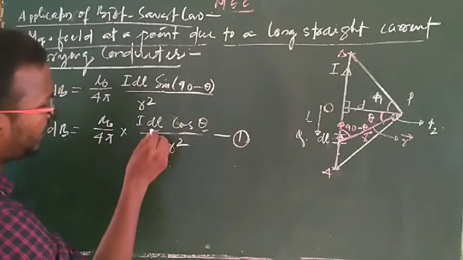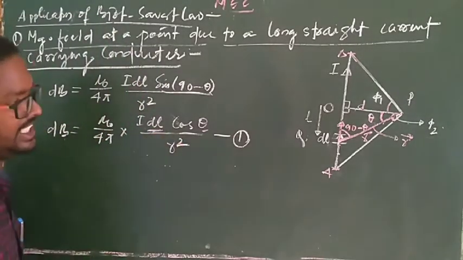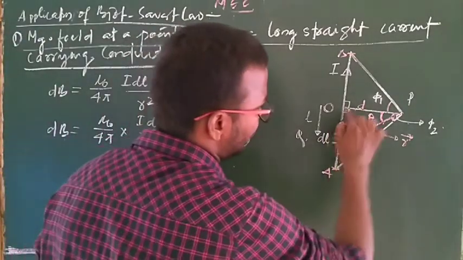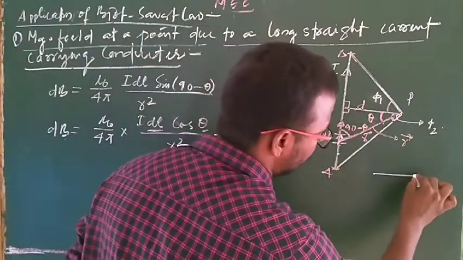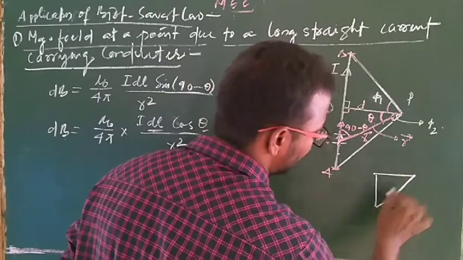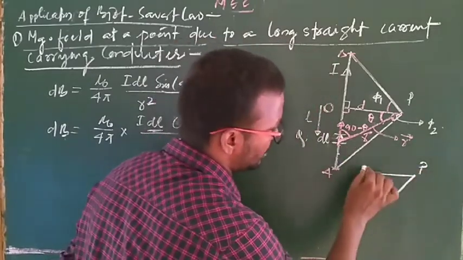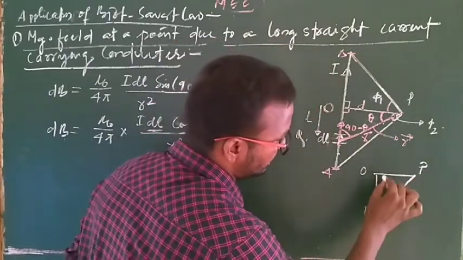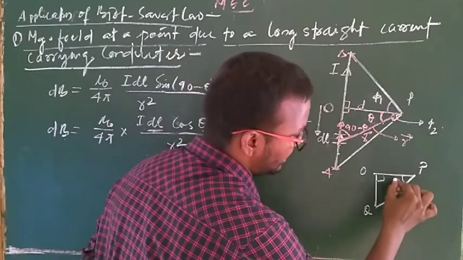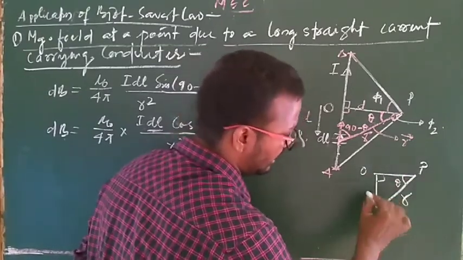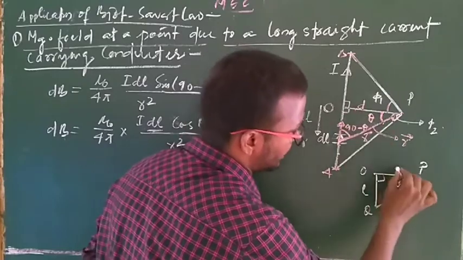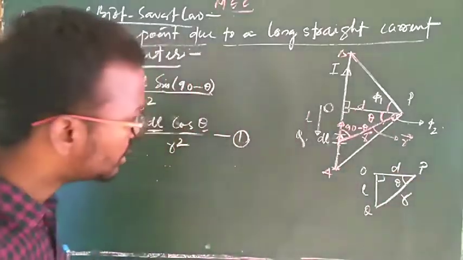Now we have to find the length of the dl element. We know there is one right angle triangle, with this point P, this point O and this point Q. This angle is 90 degrees, this angle is theta, and this side is r, this side is l and this side is d. Clear?